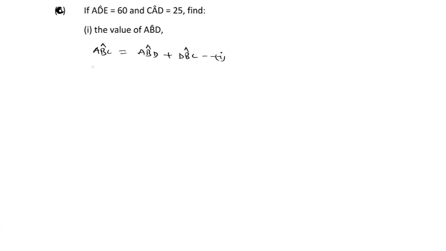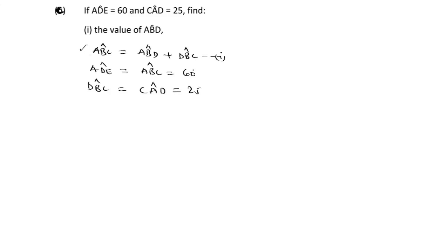But we know that angle ADE equals angle ABC, which equals 60 as shown above, and also angle DBC equals angle CAD, which equals 25, since both are angles formed within the segment DC.